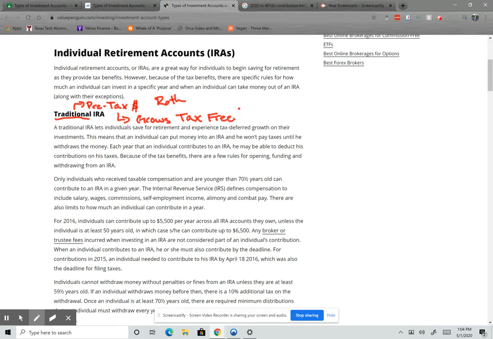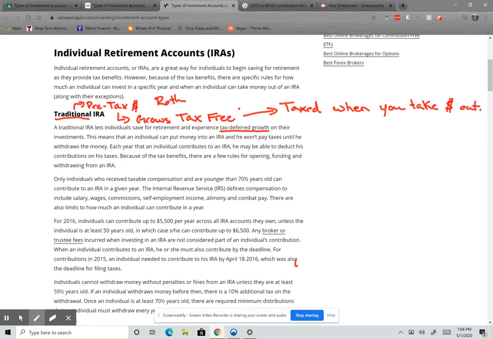And it's called tax deferred growth because you will pay taxes on this money that you put in a traditional IRA, but it's not until you retire and take money out. You are taxed when you take money out, and only on the amount that you take out.